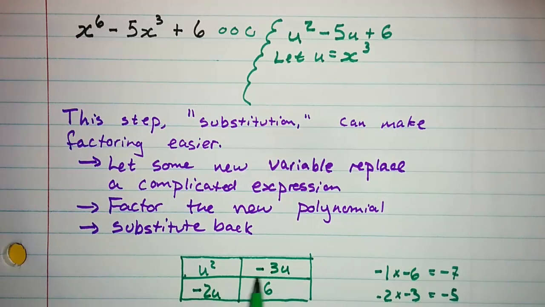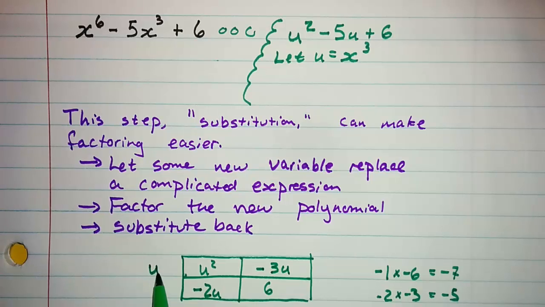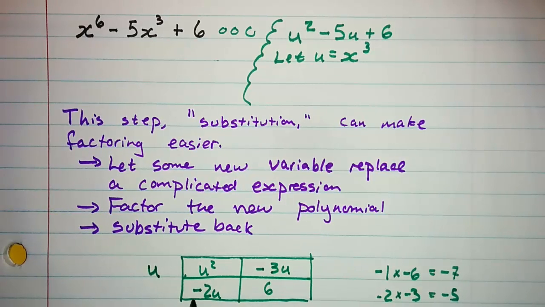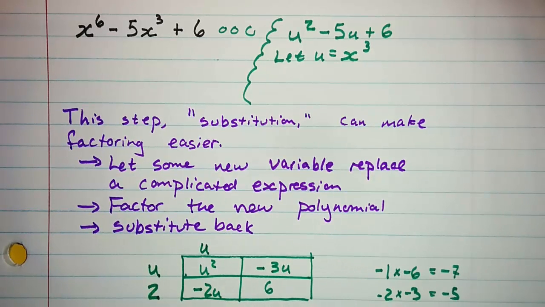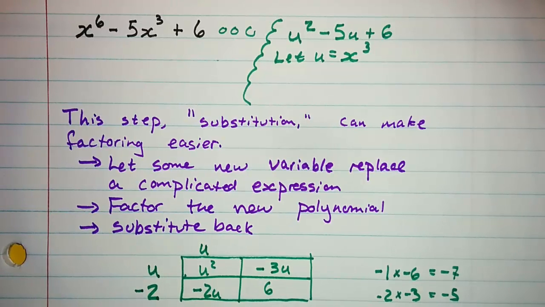What are our common factors? Up here I'll have u, and down here I'll have 2. U times what is u squared? U times u is u squared. Is u times 2 negative 2u? Oh no, this had better be a negative 2. U times negative 2 is negative 2u.